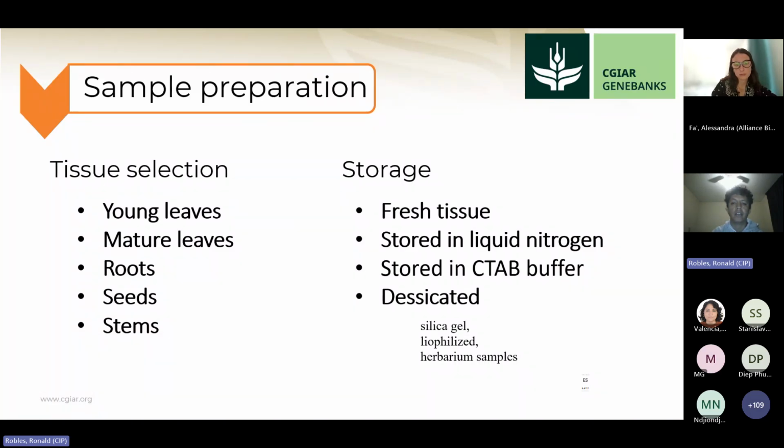In this second moment, you need to take care of how you will preserve the tissue. If the tissue will be maintained fresh, or stored in a buffer or frozen, or you will desiccate it by many methods available.